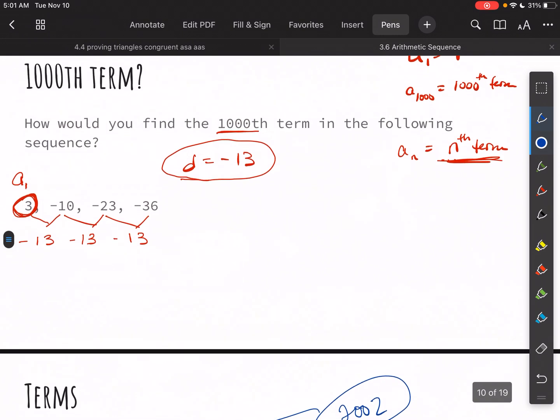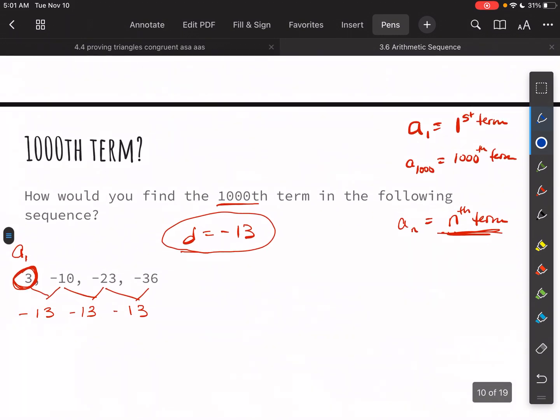Now let's come back. In this guy, all right, let's see if you guys can come up with the 1000th term here. All right, so what that would be is a sub n is equal to, and actually we know what the n value is. It's 1000. Okay, we're looking for the 1000th term. It's equal to the first term in the sequence, which would be 3.